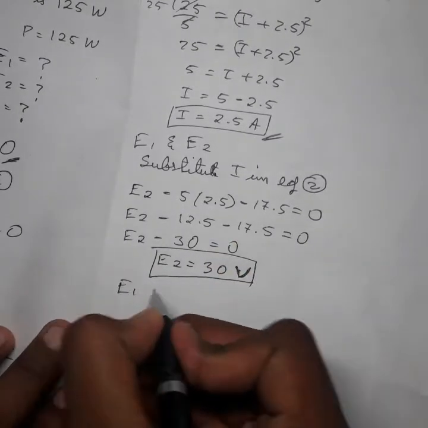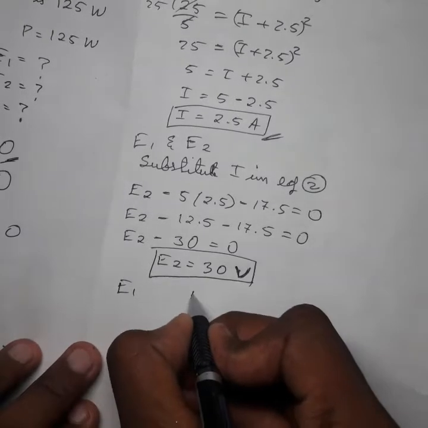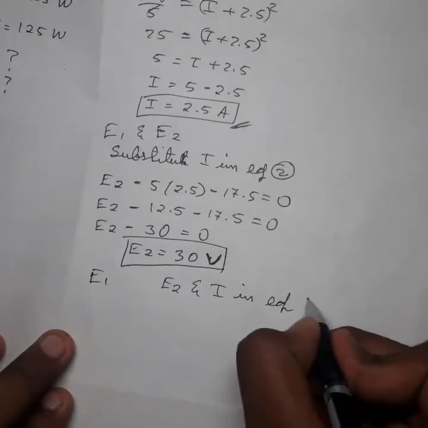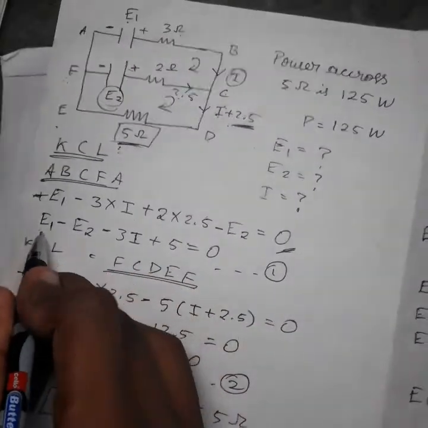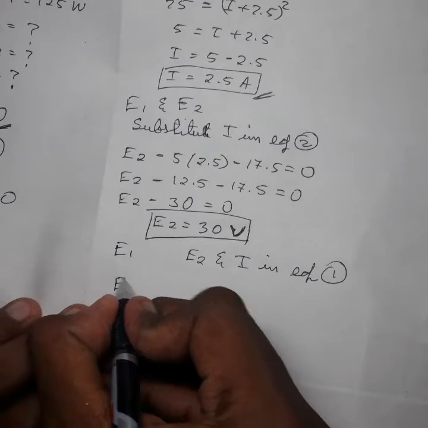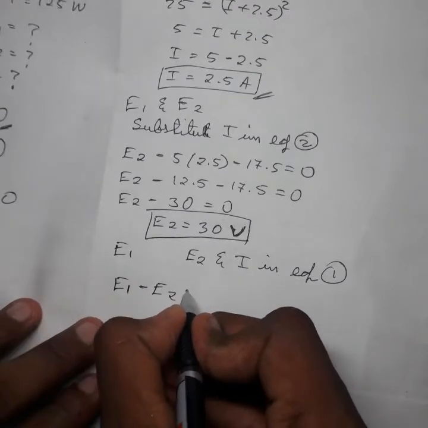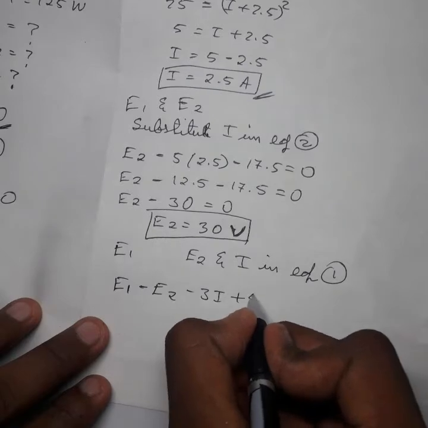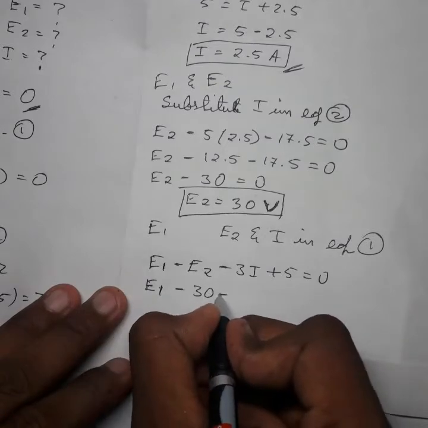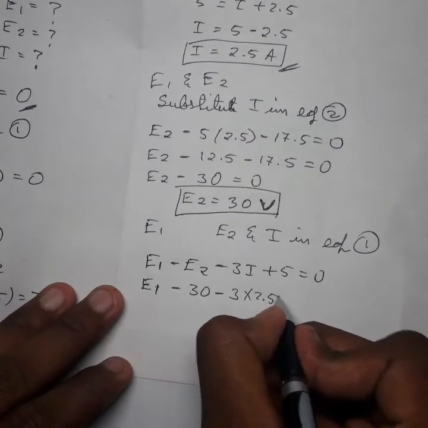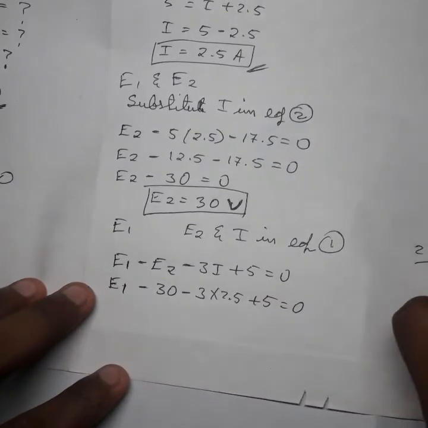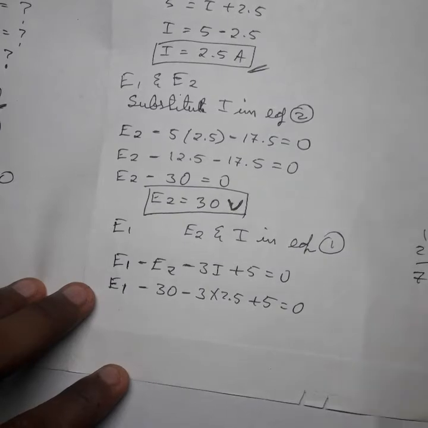And one more left out is E1. To find E1, substitute E2 and I in equation 1. Equation 1 is E1 minus E2 minus 3I plus 5 equals 0. We know the value of E2. It is 30 minus 3 times the I value 2.5 plus 5 equals 0. 2.5 into 3 is 7.5.